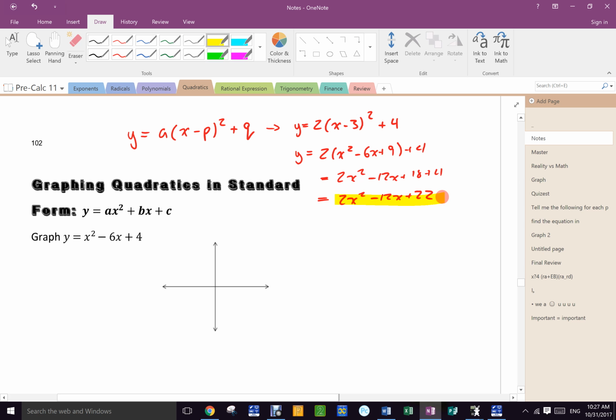Does everybody see what I did to get from the first yellow to the second yellow? Everybody see? Yeah? Okay, now please notice the next thing I'm going to highlight in yellow. Isn't that the exact same form as that? So if you can mess this around to get to here, could you graph that super easily?